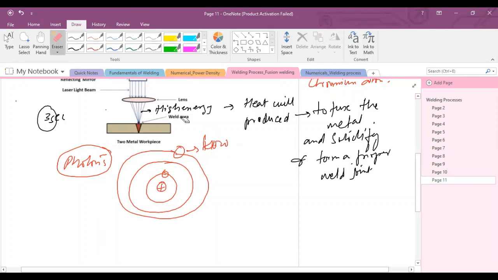The electrons in the last orbit, away from the nucleus, have low energy, and the electrons present near the nucleus have high energy.